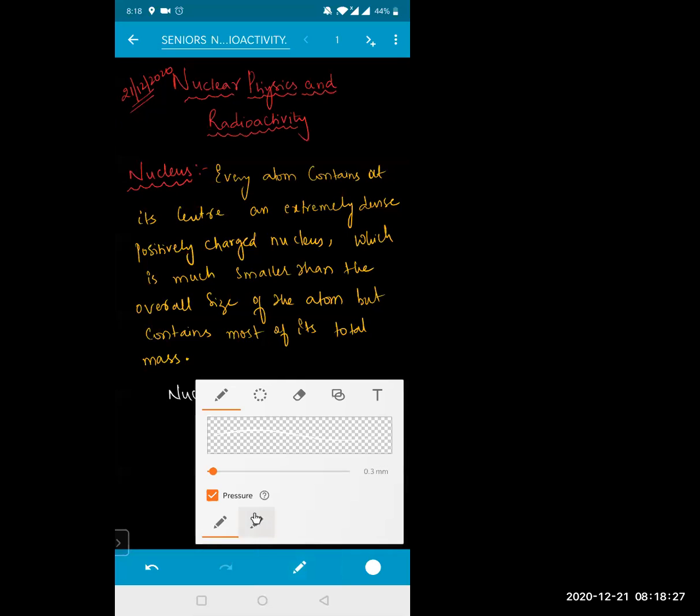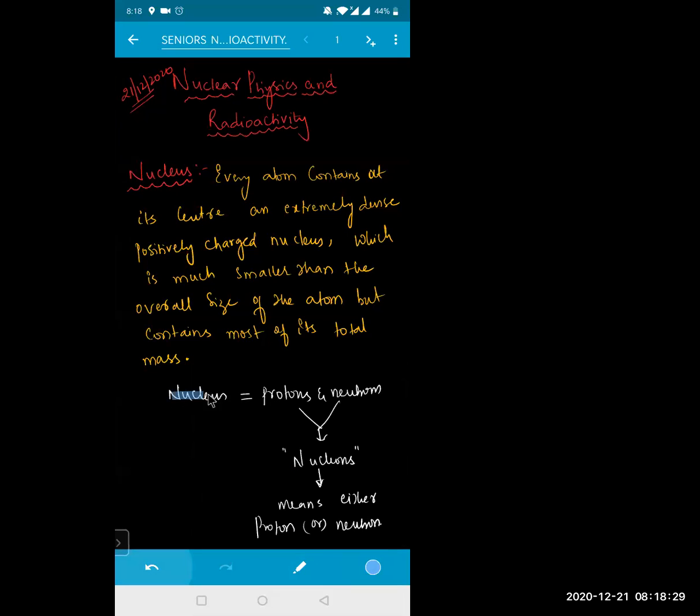So what is the nucleus, beta? The nucleus consists of both protons as well as neutrons.